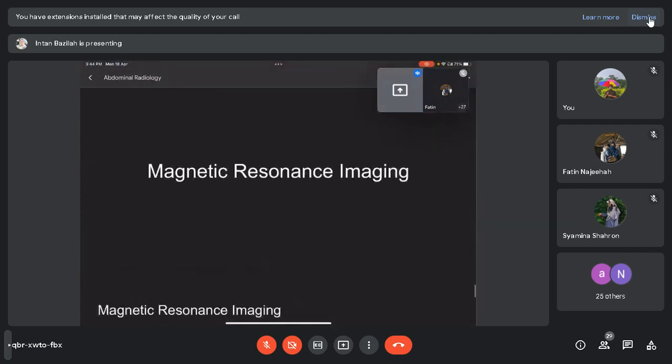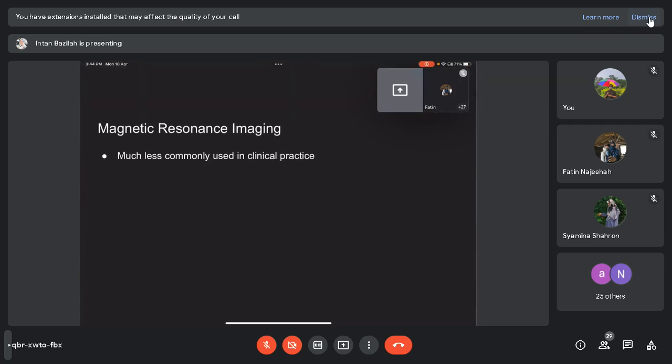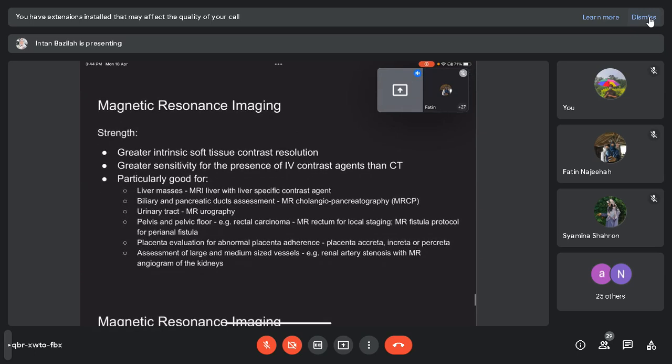Okay, so for MRI, it's much less commonly used in clinical practice. Of course, as you know, MRI provides better soft tissue contrast resolution, and it has greater sensitivity for the presence of IV contrast agent compared to CT.